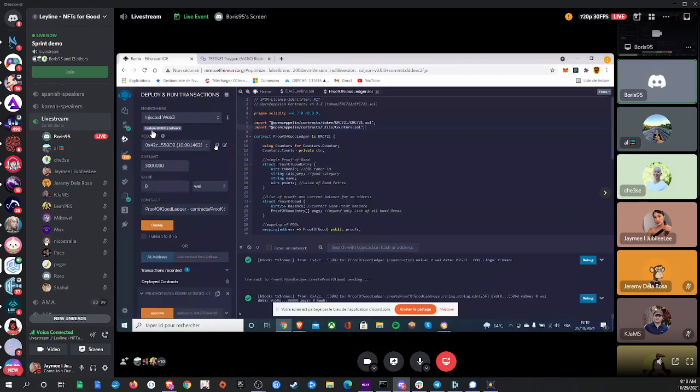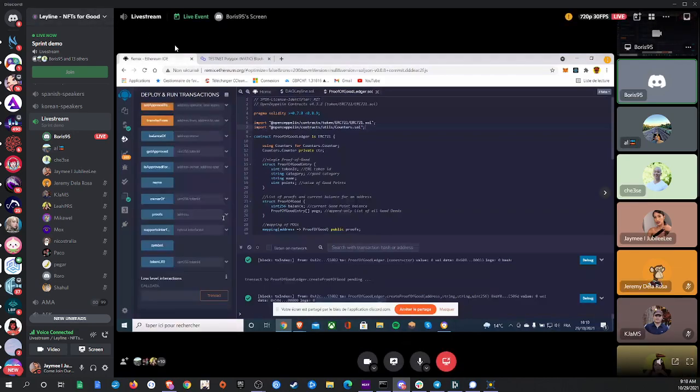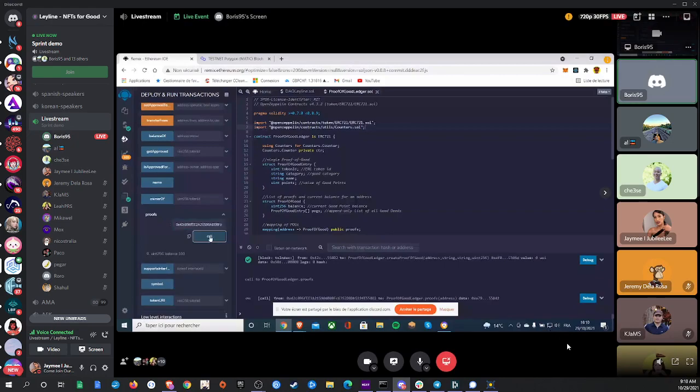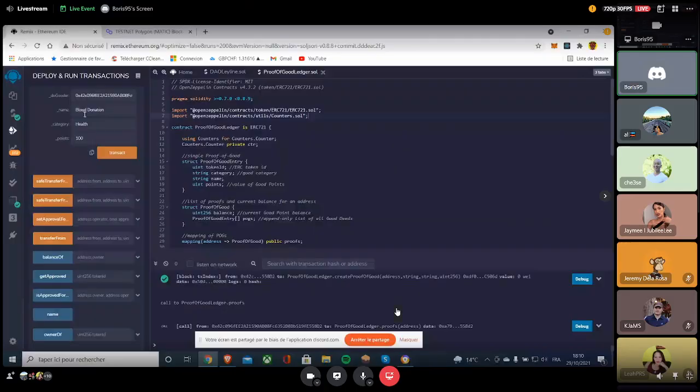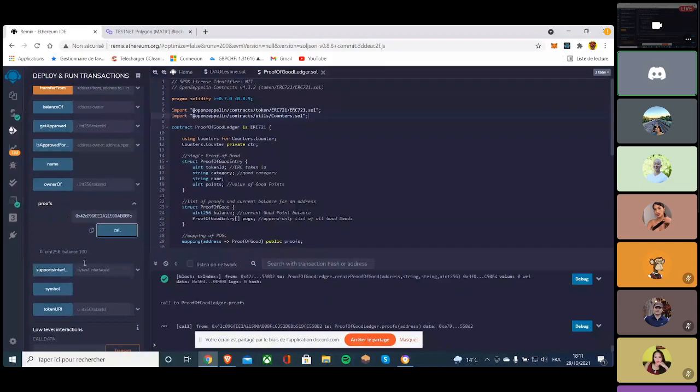So I'm gonna go to proof, and when you copy this, you can see the balance of the good deed that you just did. So basically for the blood donation, because it's 100 points, here you can see the total of your good deed.